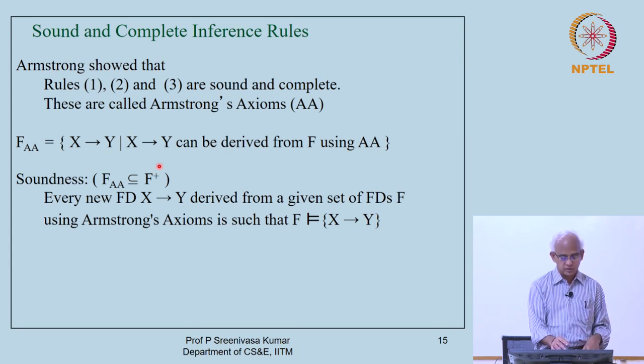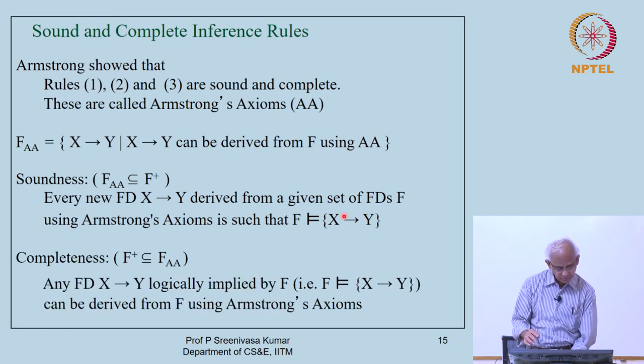F plus is the closure, the set of all functional dependencies that can be logically derived from F. So, whatever Armstrong's axioms derive is correct, that means they are members of F plus. Every new functional dependency x determines y derived from a given set F using Armstrong's axioms is such that F indeed entails it. If you show this, it is called soundness or correctness of these rules.